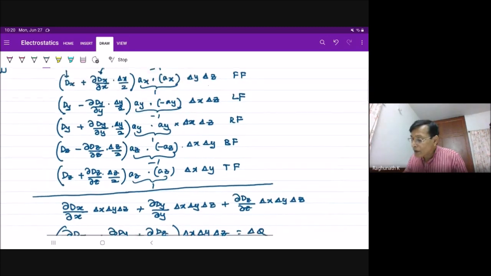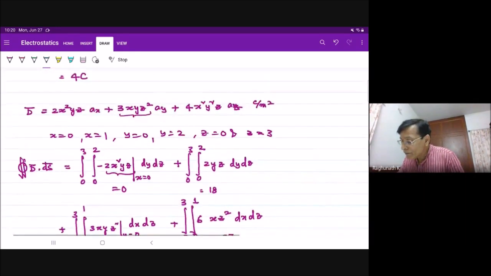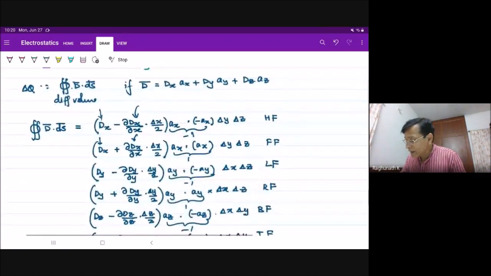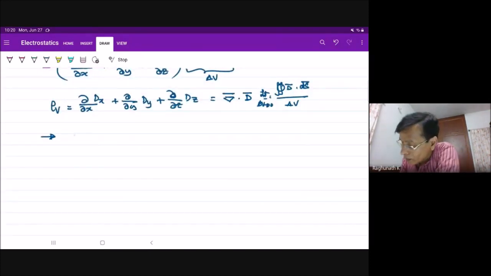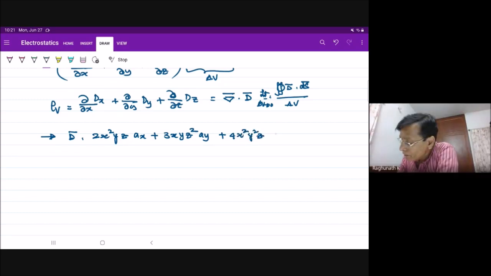I gave one D bar. What is that? Quickly tell me. What is the D bar? 2x squared yz. Check it. D bar is equal to 2x squared yz ax plus 3xyz squared ay plus 4x squared y squared z az.